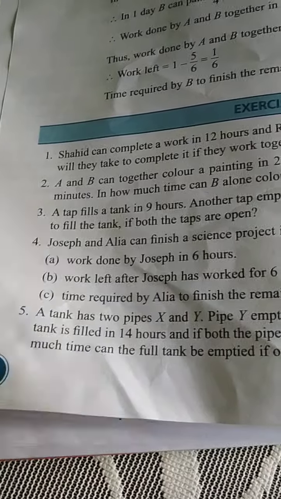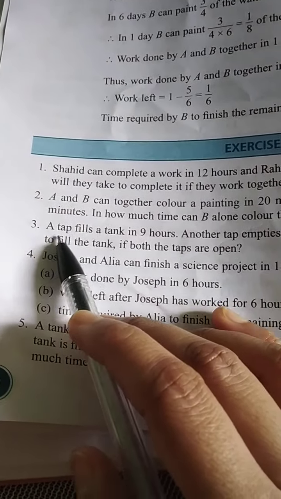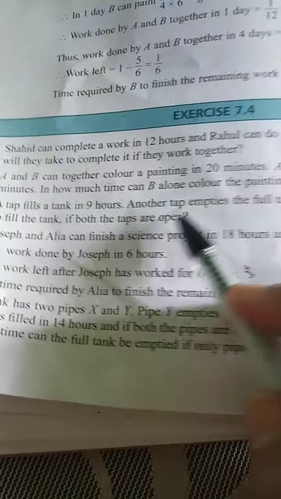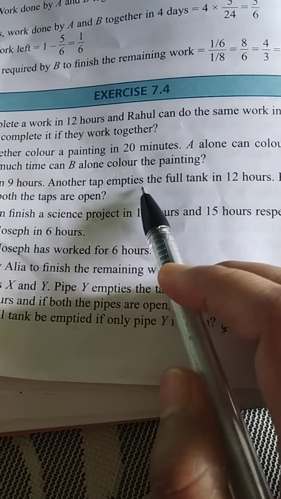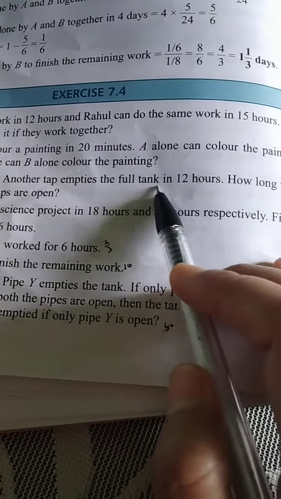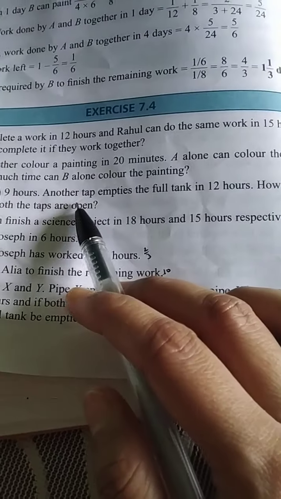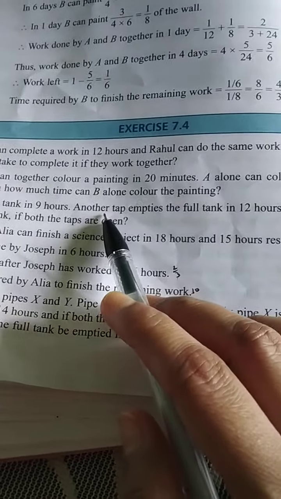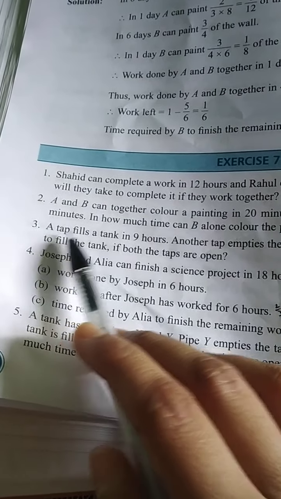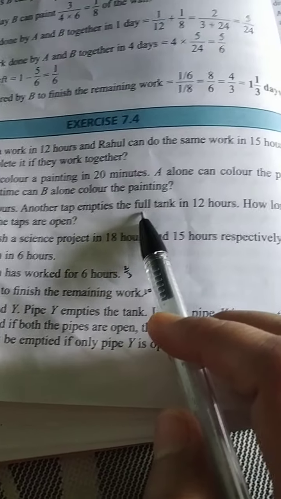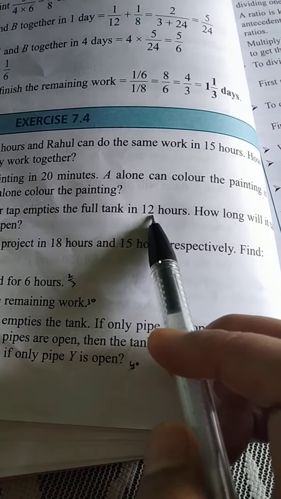Got it? Here question number 3. A tap fills a tank in 9 hours. Another tap empties the full tank in 12 hours. Means the first tap is filling and the another tap is emptying the tank.